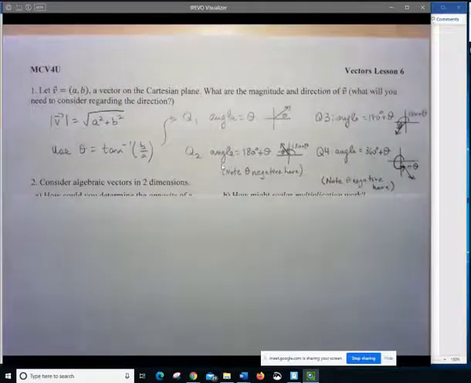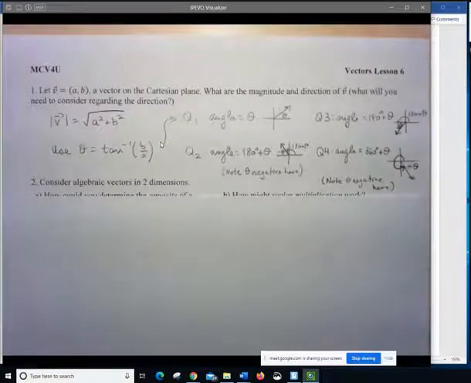And when it comes to determining a direction, it's actually quite annoying because it all depends on what quadrant your vector is in, and you have to interpret based on your value of tan inverse of B over A. So what we have to hope, as we were talking about yesterday, is that the advantages we get for working with vectors in this way are going to be worth our while.